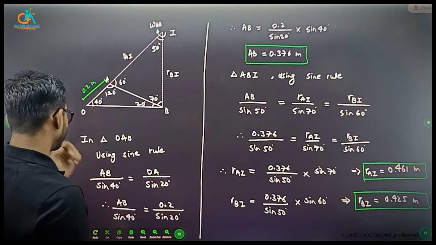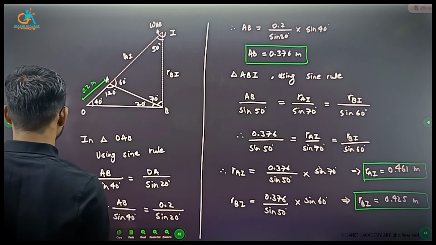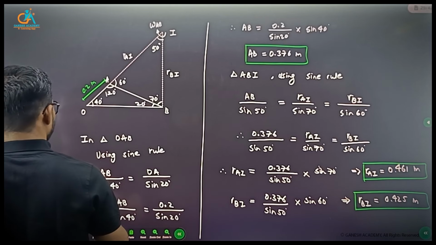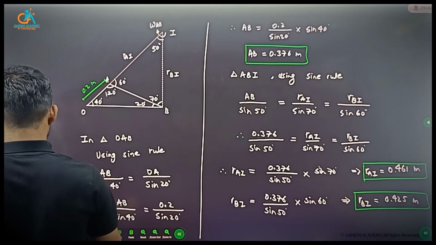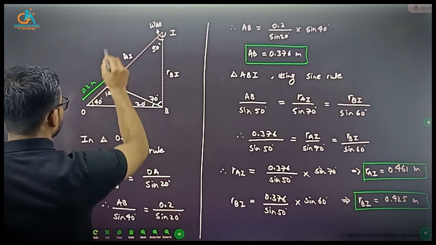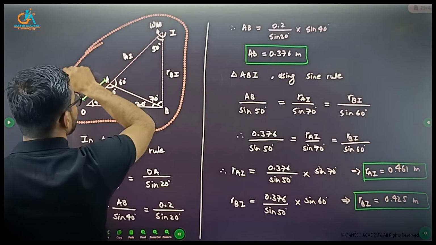Okay, now we can find the value of angular velocity of AB.